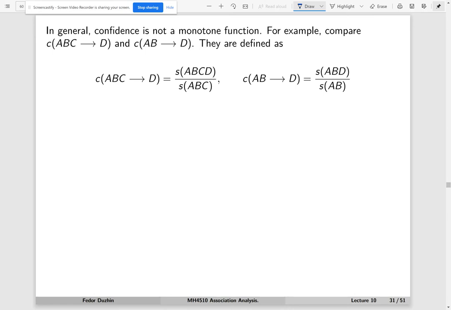We can't say in advance which of them is going to be bigger or smaller.